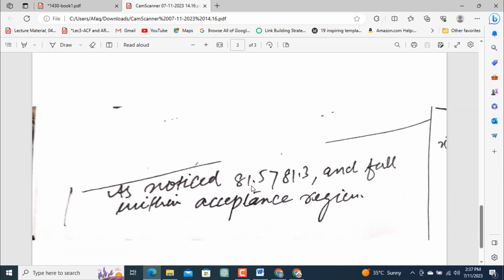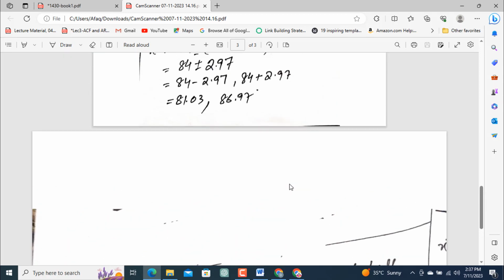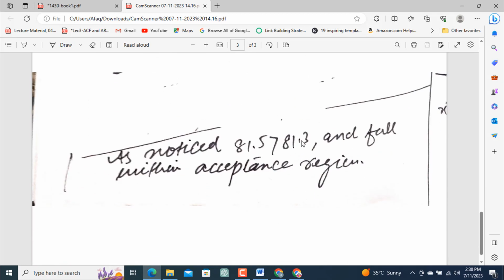As noticed, 81.5 is greater than 81.03 and falls within the acceptance region.